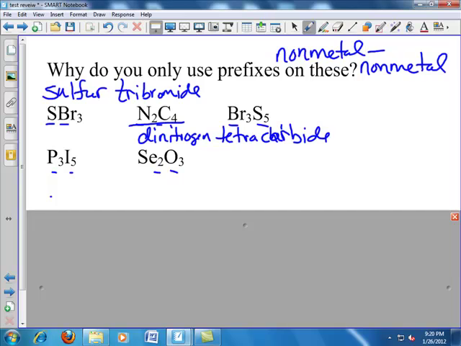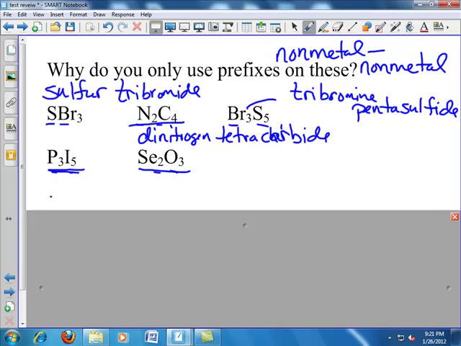That's carbide, sorry about that. This one here is tribromine pentasulfide. This one, triphosphorus pentaiodide. This one, diselenium trioxide.